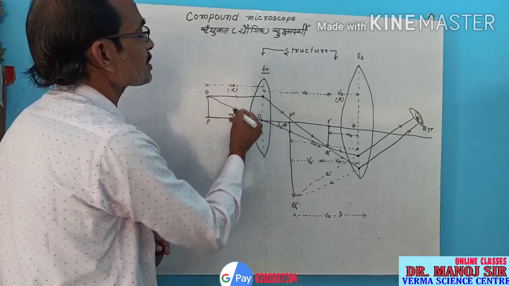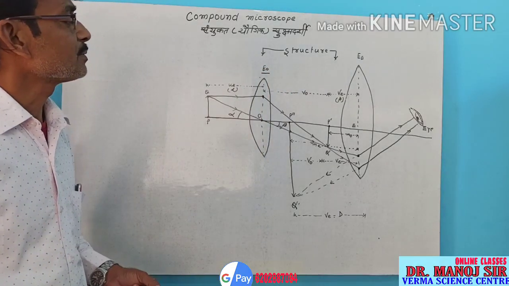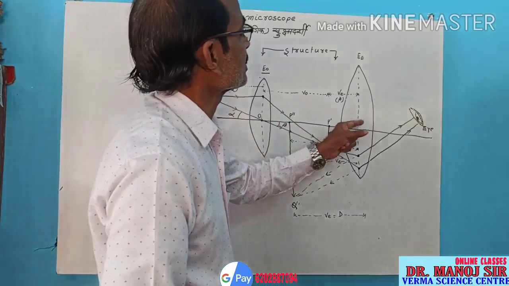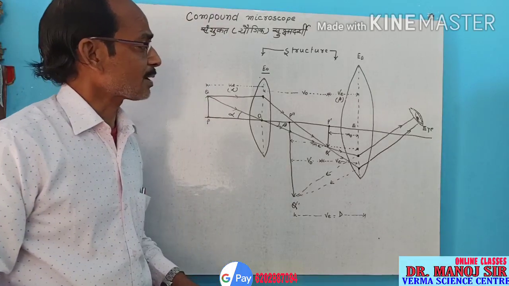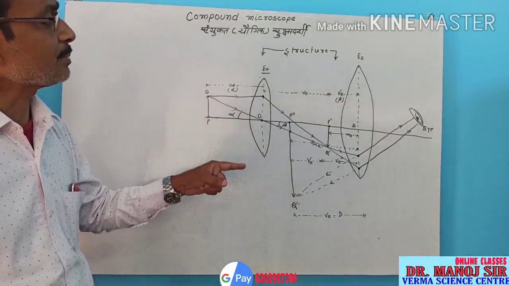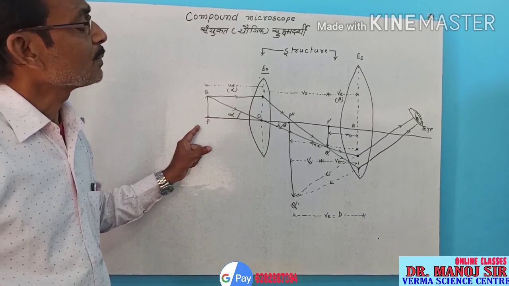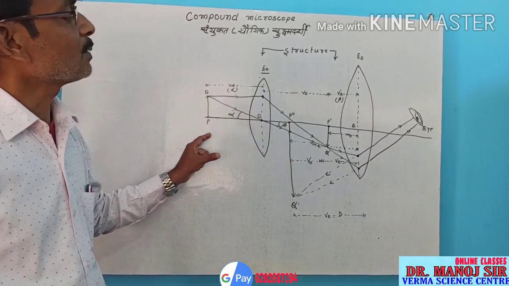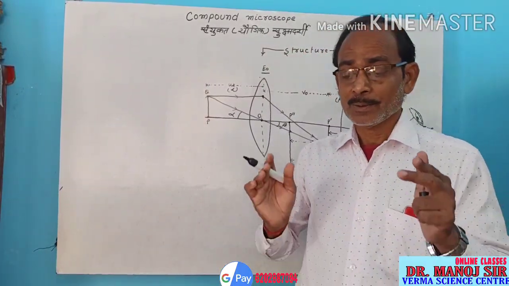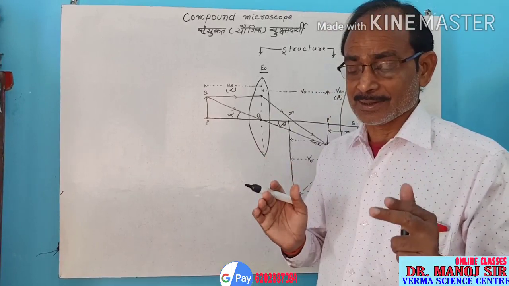Objective piece is smaller in focal length, where eyepiece is larger in focal length. Both the lenses, objective piece and eyepiece, are coaxial, situated on the same axis.